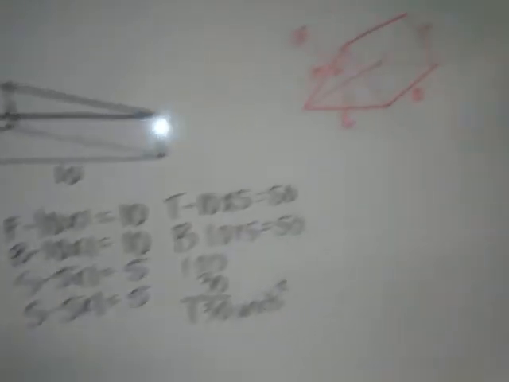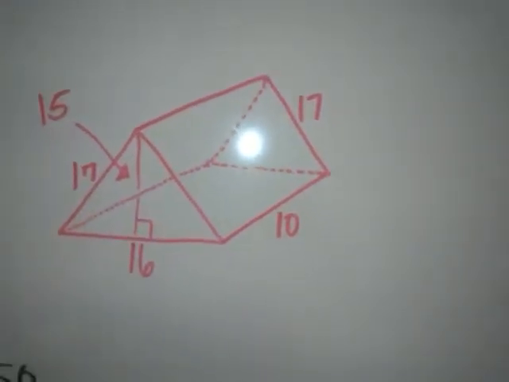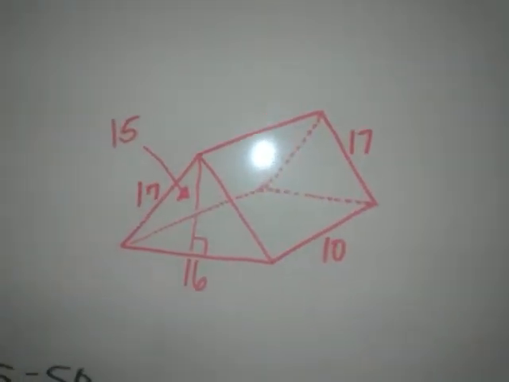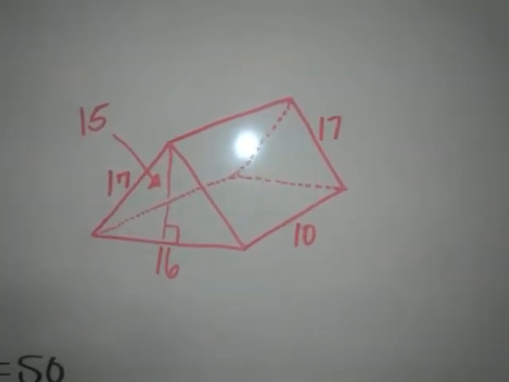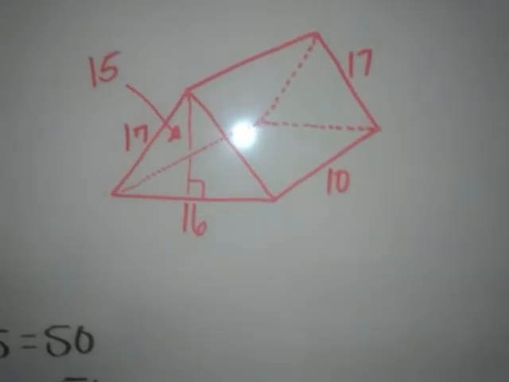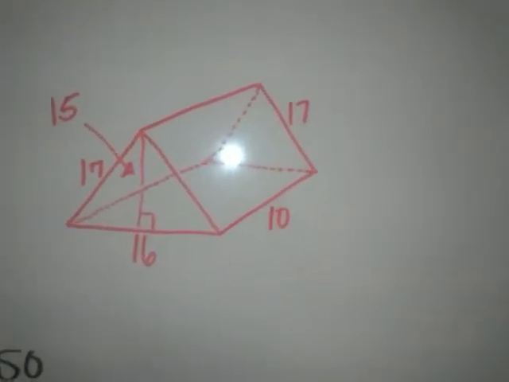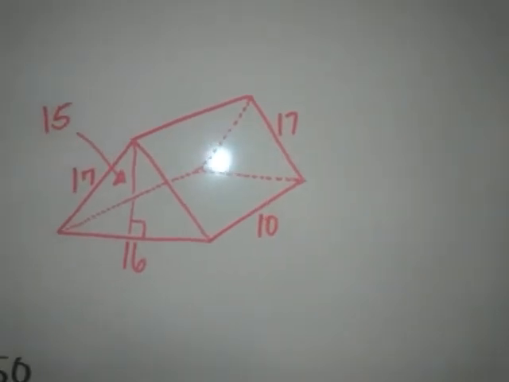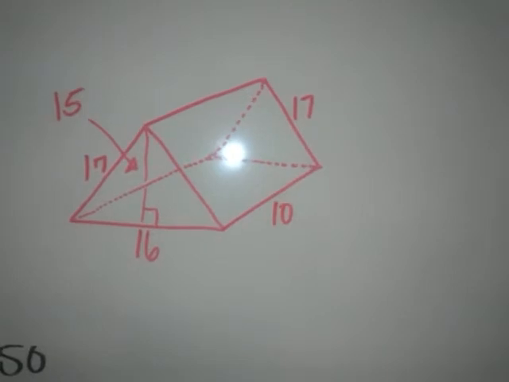All right, now we have a triangular prism. We're going to do the exact same thing. We're going to take this apart face by face, find the areas of all faces, and we're going to add. Our formula does change here because we now have triangles and we also have rectangles in it. So the triangle, the formula is area equals base times height divided by 2.